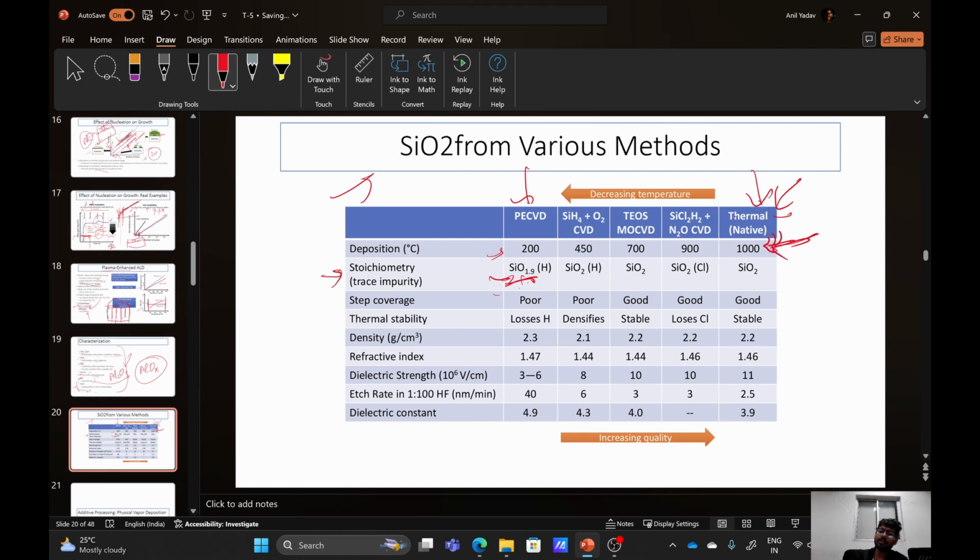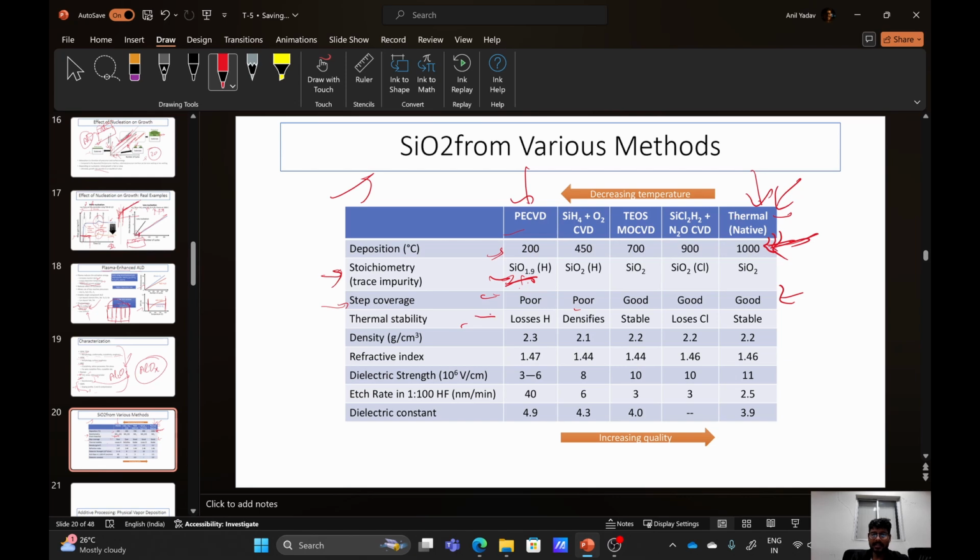Okay, so the step coverage is poor in this case and good in this case, because this is less conformal, because plasma is a kind of straight line, as we have told. There won't be any conformal coating in this case.